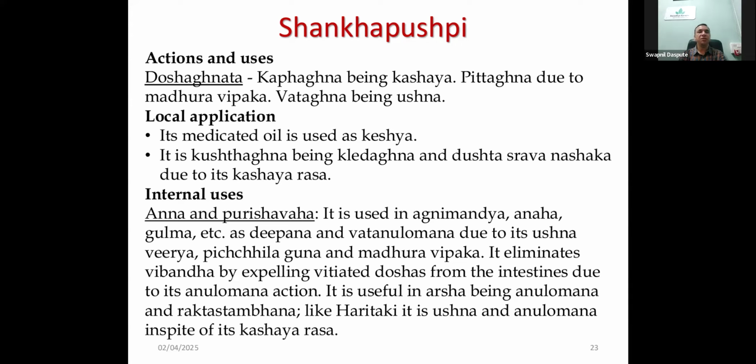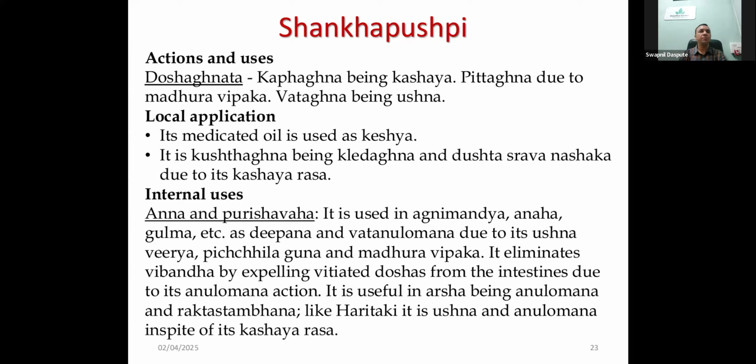So the sticky or foul secretions which come out of wounds, unhealing wounds or Kushtha, in that case Shankhapushpi can be used. The Kashaya Rasa of Shankhapushpi acts as Kushthaghna.